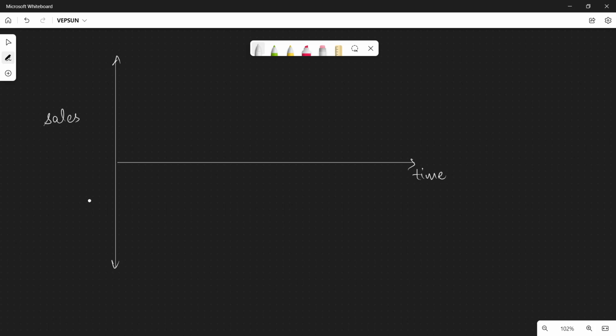So this is a graph of sales versus time. Let us assume I have a category which I am representing using my green color, and I have another category, second category, which I am representing in the yellow color.